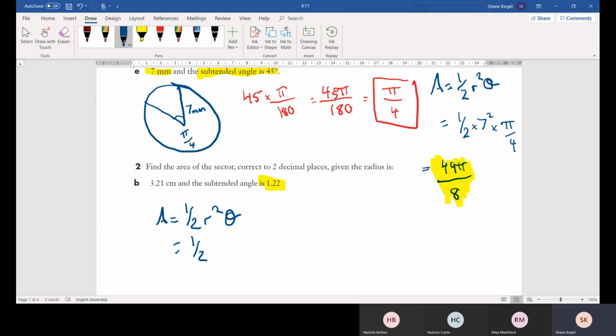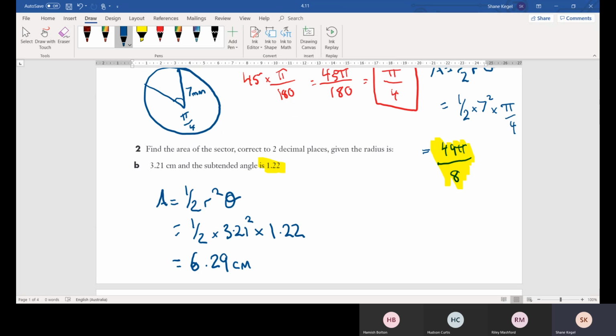Therefore, that equals a half times 3.21 squared, my radius, times 1.22. And that's just a simple calculator. And I should hopefully get 6.29. So to 2 decimal places, 6.29 centimeters squared would be my units. So not too hard as of yet.